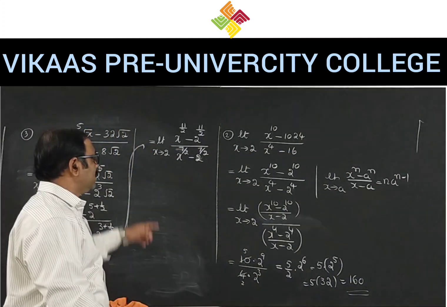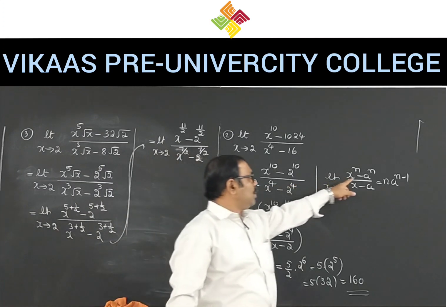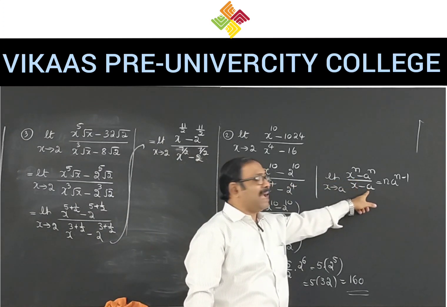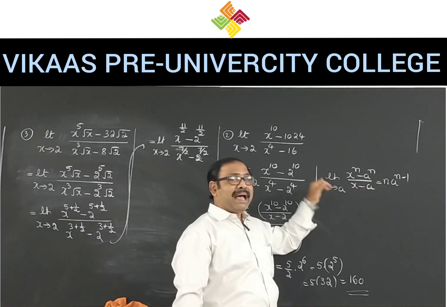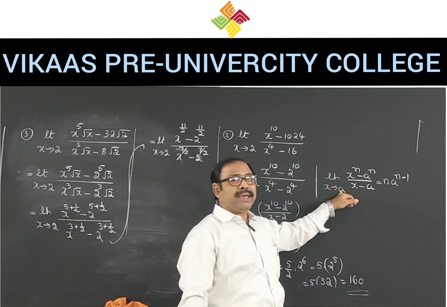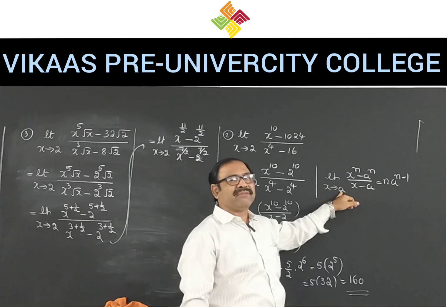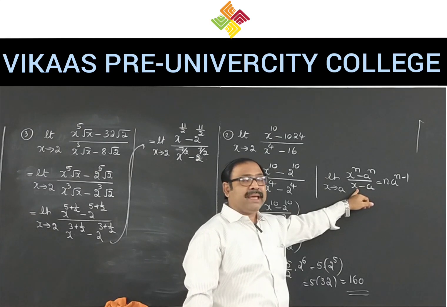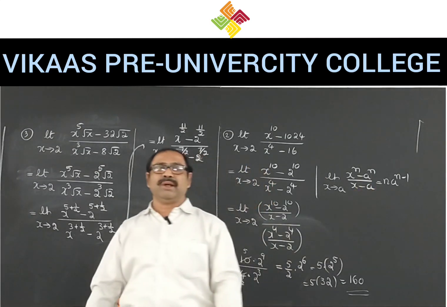Now, in order to apply this rule, the denominator must be x minus a. I said the same thing in the first class itself. x tending to a means x minus a is a factor. Therefore, the factor x minus a must be present in the denominator.